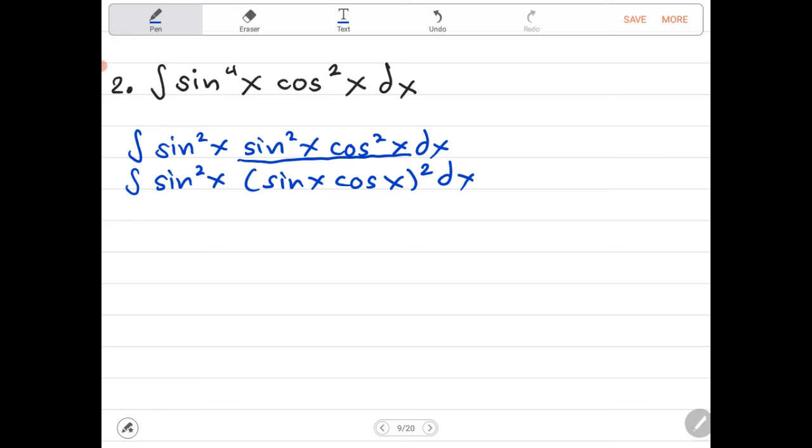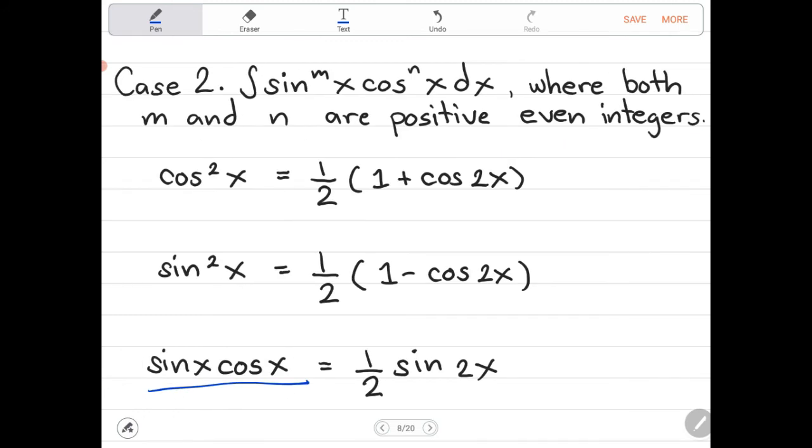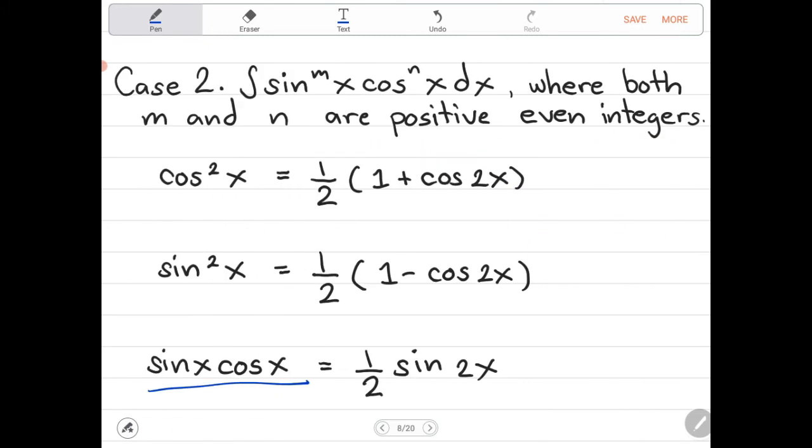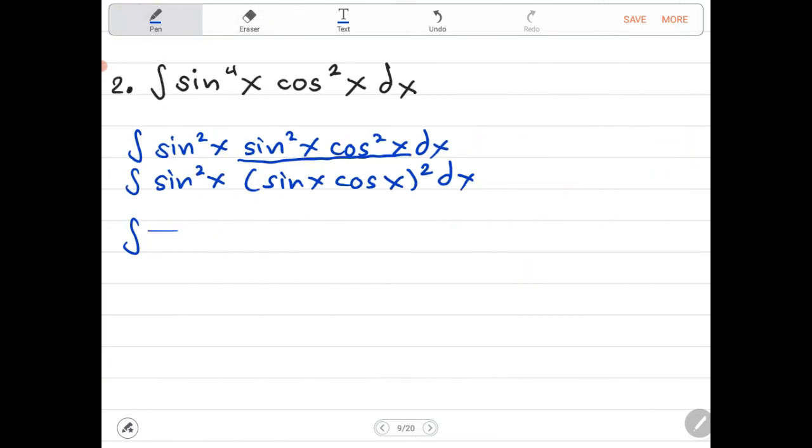So first, the substitution for sine squared x is 1/2 quantity 1 minus cosine 2x. Okay? So the angle is being doubled. Then the other one. What substitution are we going to use for sine x cosine x? That is 1/2 sine 2x squared.